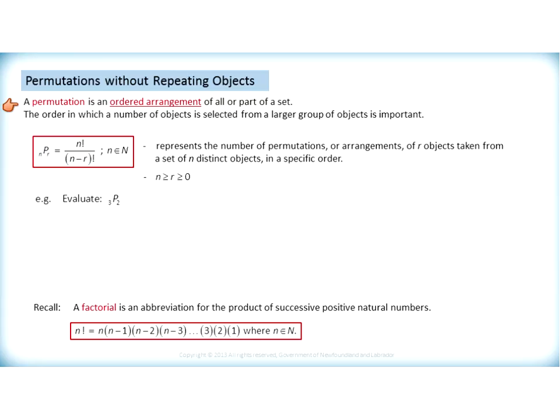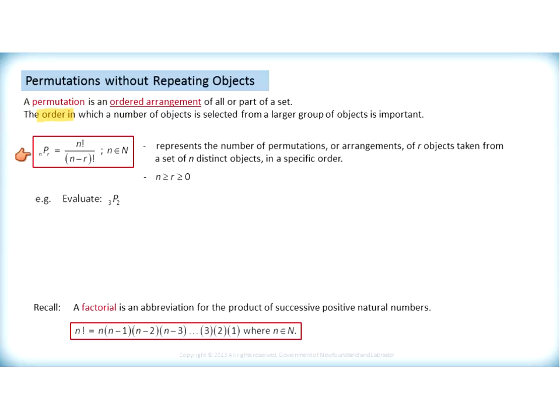A permutation is an ordered arrangement of all or part of a set. The order in which a number of objects is selected from a larger group of objects is important. We have this formula where n permute r is equal to n factorial divided by n minus r factorial, where n belongs to the set of natural numbers.